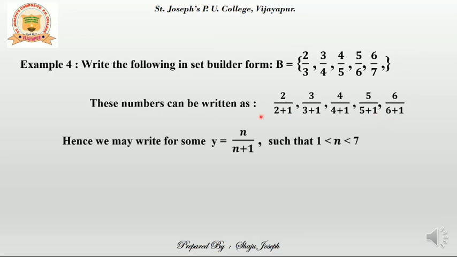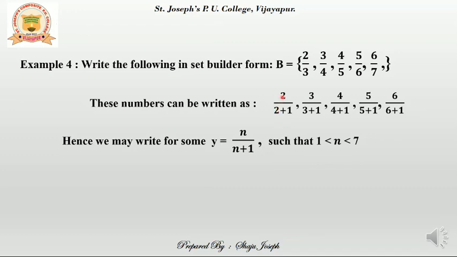Hence, any variable we can consider, for example, x or y or z. I told you these elements can be shown in roster method or set builder form. I am using y here arbitrarily. Now y is equal to n upon n plus 1. Many of you will wonder, why did you suddenly take this?